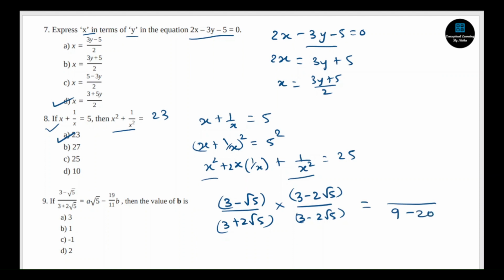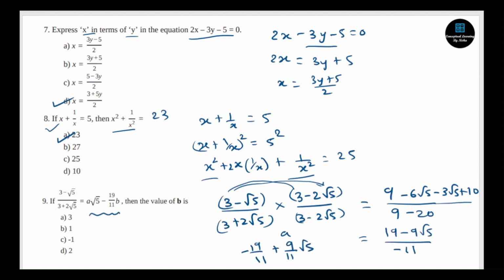Okay. Now in the numerator 3 into 3, 9. 3 into, see, I have to multiply this way. Remember this? Okay. So minus 6 root 5 minus 3 root 5 and minus minus plus 2 into 5, which is 10. Alright. Now I have to simplify this. Minus 19 over 11 b.